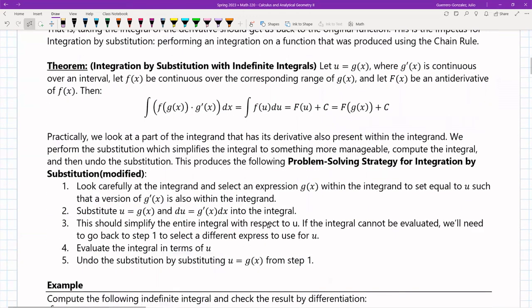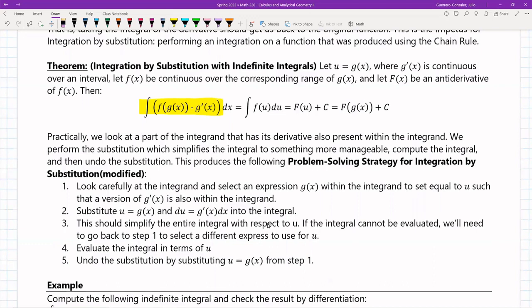The idea here is that suppose you have an integral that looks like this. Essentially, what you're saying is that the integrand, the thing that's inside the integral, contains some version of the derivative of something else that's in there already.